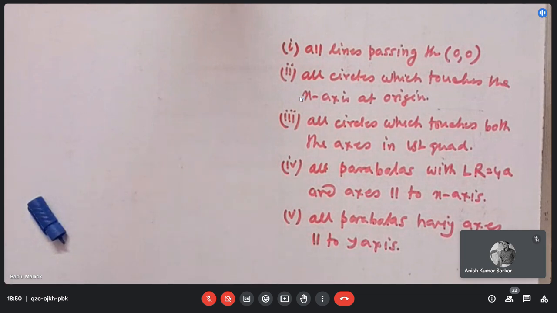A similar problem may be circles which touch the y-axis at origin. And next we shall find the differential equation of all circles which touch both the axes.